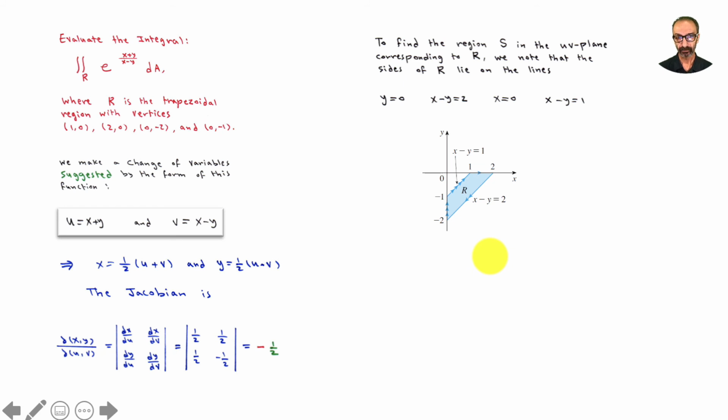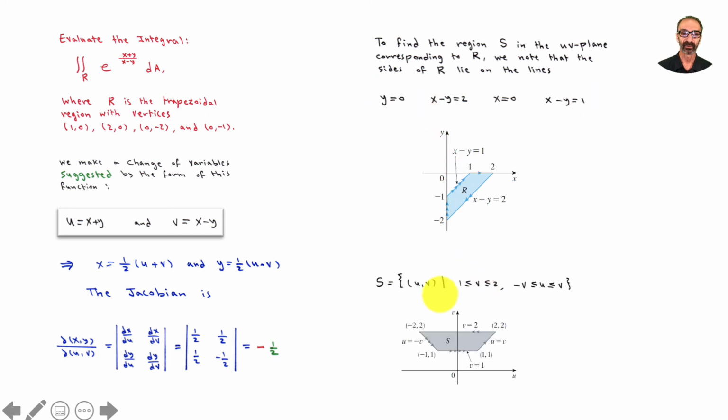Now, the region S will be transformed to these lines. And this is the transformation that is taking place, and this is the image.